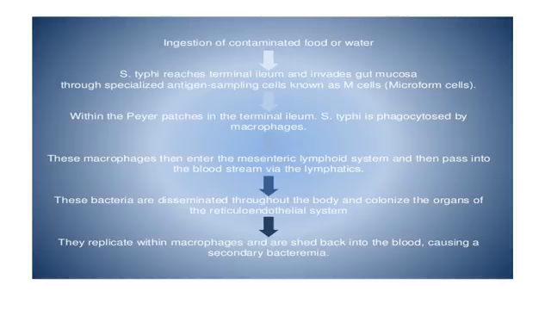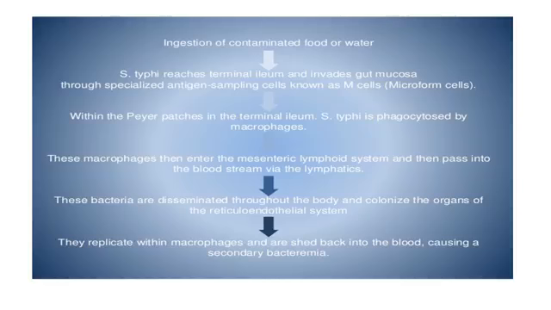Wherever they colonize an organ of the body, the symptoms will depend on that involved organ. They involve especially the reticuloendothelial system, in which the patient will have hepatosplenomegaly. They replicate within the macrophages and they shed back into the blood.